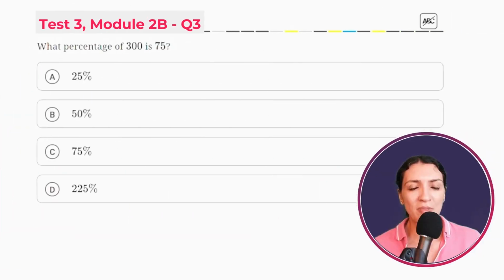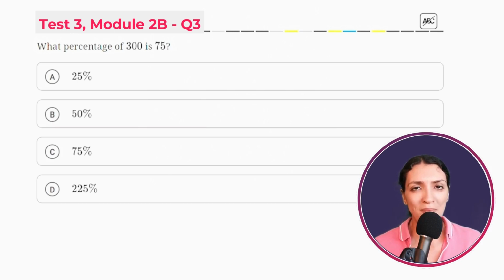This is another percentage question. Of course, we could use the percentage equation to solve this question, but I would suggest to just think about it intuitively. Here we're asked what percentage of 300 is 75. Well, what is 50% or half of 300?